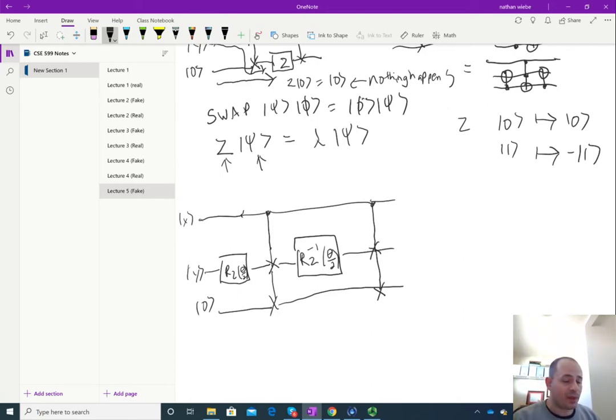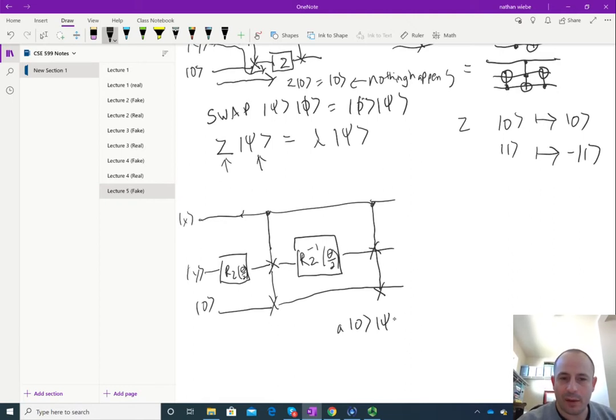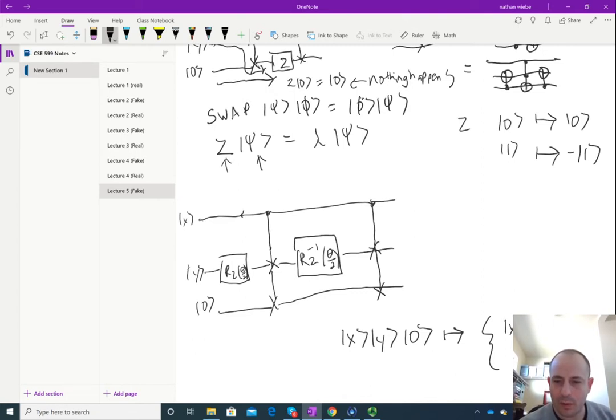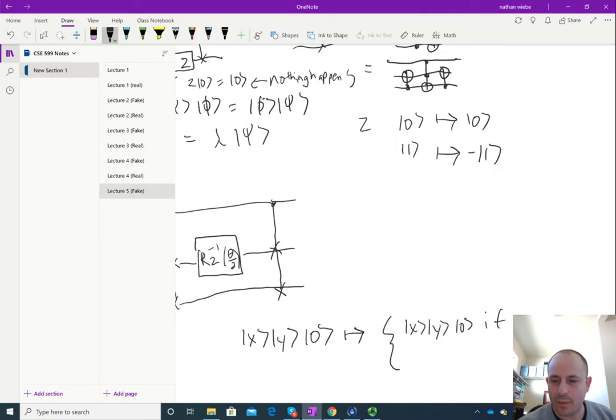And my claim is that what this operation will end up doing is it'll map X, Y, 0 to X, Y, 0 if X not equal Y not equal 1.